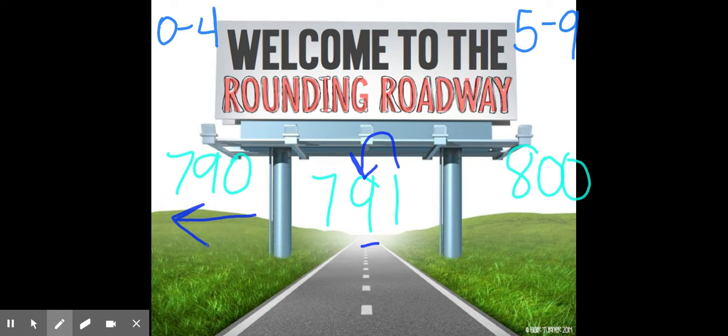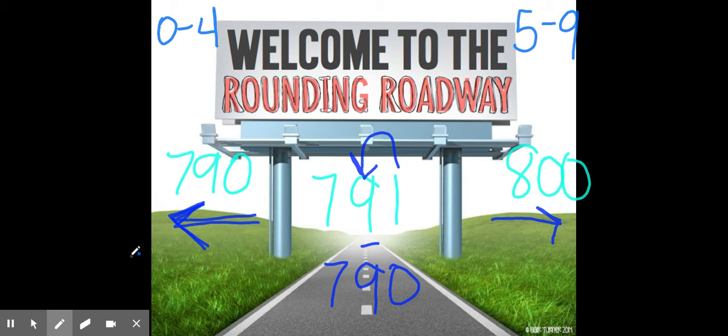If the digit is 5 through 9, it will tell us to round up to the next 10. 1 is going to tell the 9 to do what? Pause this video and press play when you're ready. That 1 is going to tell the 9 to round down to the lower 10. So 791 rounds down to 790 when we're looking at the nearest 10.